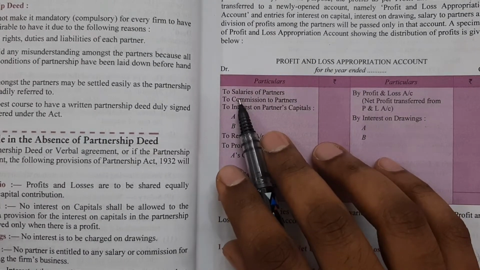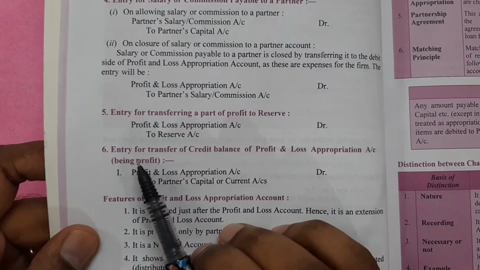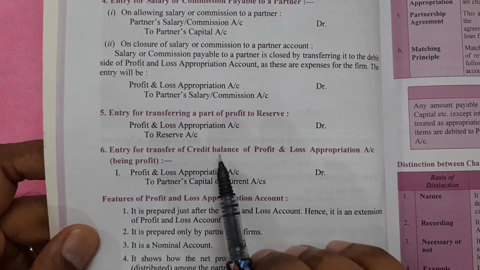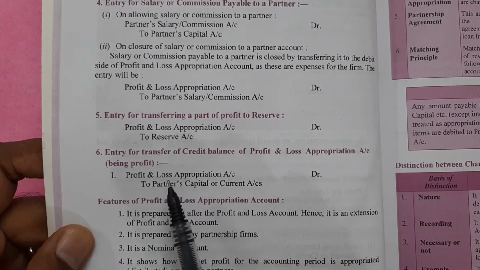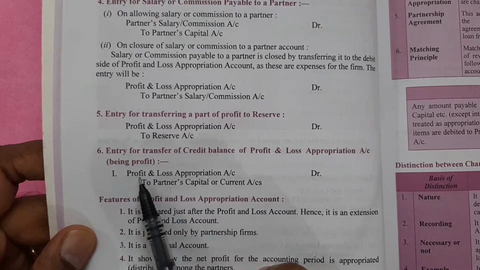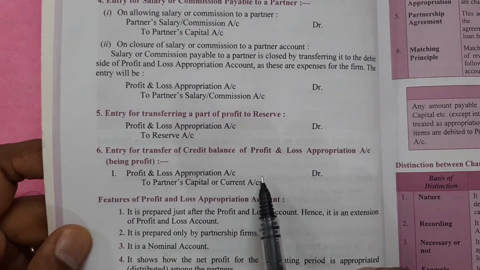On the debit side of which account? PL appropriation account. Now next is the entry for transfer of credit balance of profit and loss appropriation account. Being profit means this is the case of profit. Profit and loss appropriation account debited to partner's capital or current account.